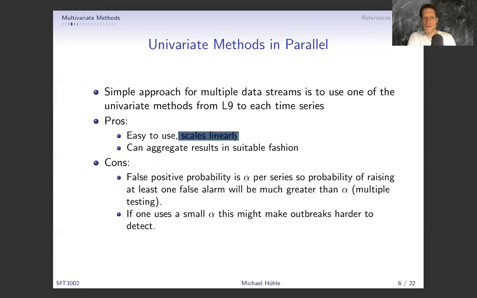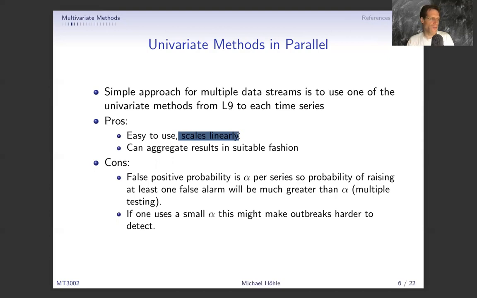And this is the nice thing, this scales linearly, right? You don't need extra big computational power because things become more complicated. You simply do it for each component, so you have an increase linearly in the number of components. And of course, you would then get alarms for each of the individual time series. And then you can think about, is there a smart way to combine these?